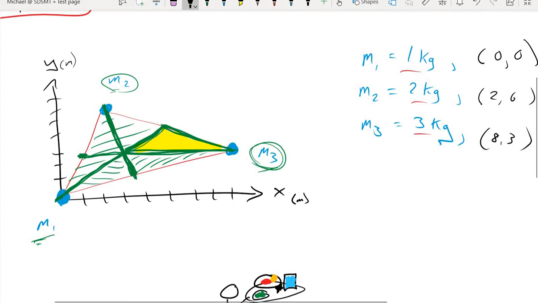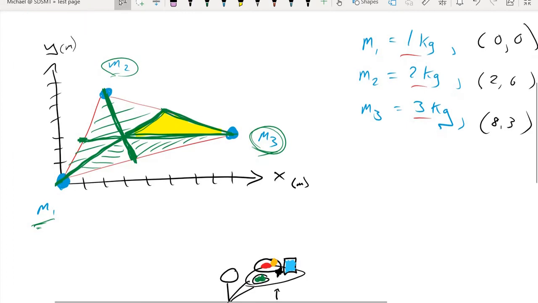So I'm guessing and estimating where the center of mass for the system should be. And now we're going to let the math take over. And if the mathematical solution that I get ends up somewhere inside this yellow highlighted area, then I'll be fairly confident that I have the right answer for the center of mass of this system.